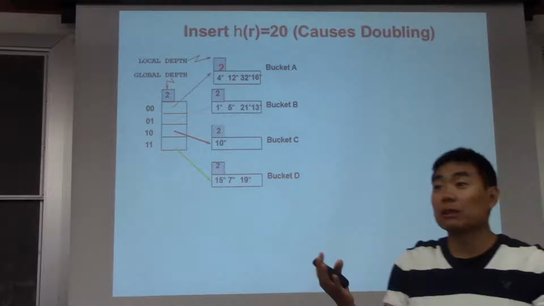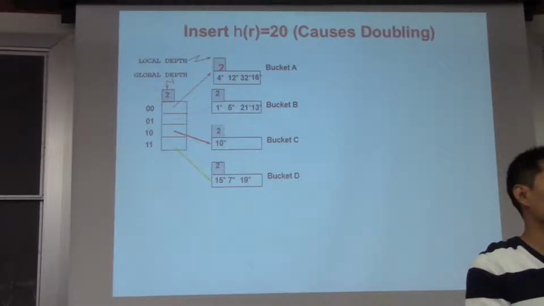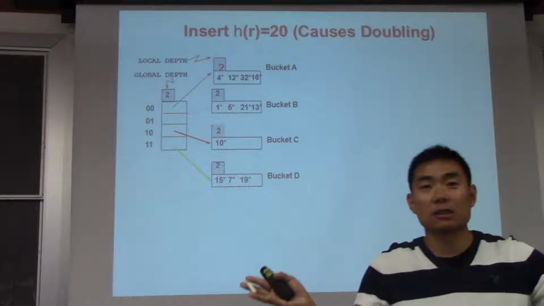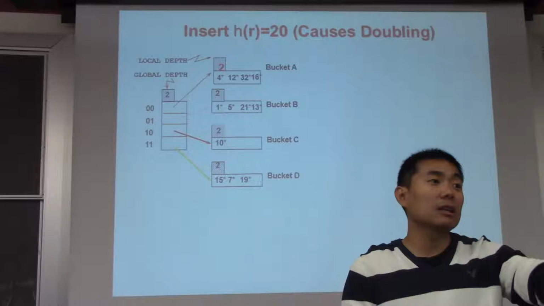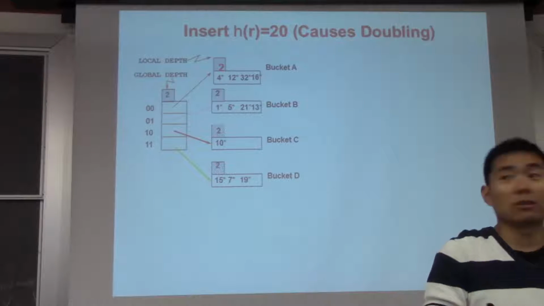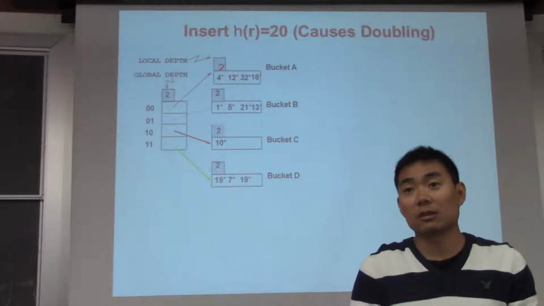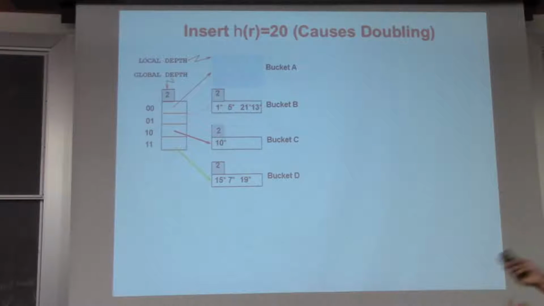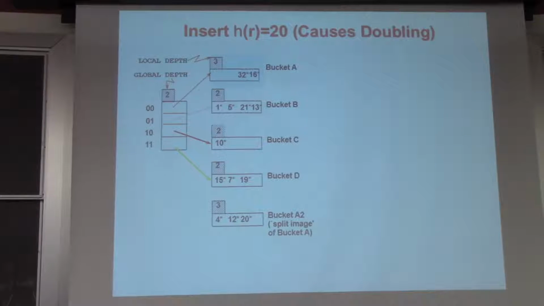Because we're in the binary world, right? If you look at one more bit, you do a binary partition, essentially. Initially, all of them are 0, 0. Now they are 0, 0, 0, and 1, 0, 0. So all the 0, 0, 0s stay behind, which is 32 and 16. All the 1, 0, 0s will go to another bucket.